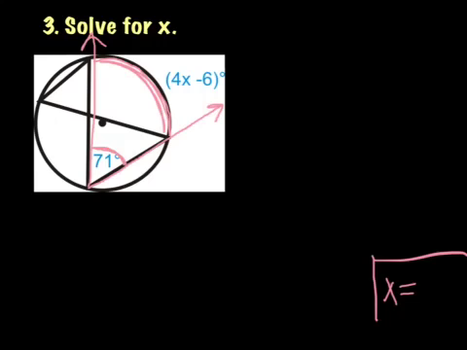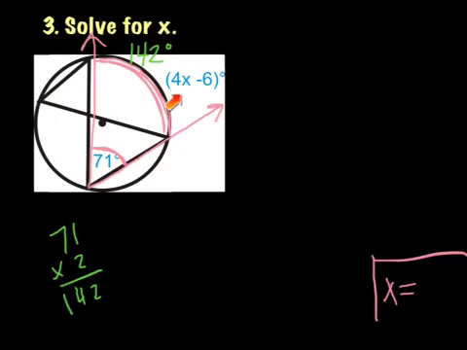So if this right here is 71, what would this degree have to be? Are you thinking it would have to be twice that? Well, it would be. It would have to be 142 degrees, right? 71 times 2 will give us 142.